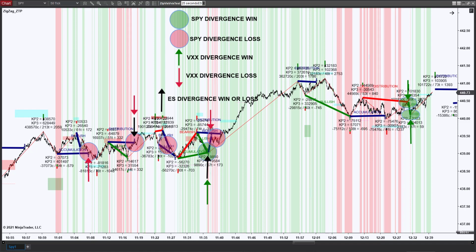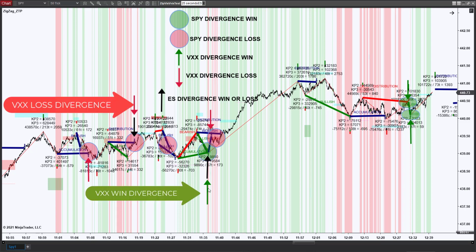And the legend that we're going to be concerned with is this. Up here, you can see that if it's just a red or green circle, I am denoting a winning or losing SPY divergence trade. If there was a VXX divergence also included, and it was a win, as we have down here, the arrow is going to be green.